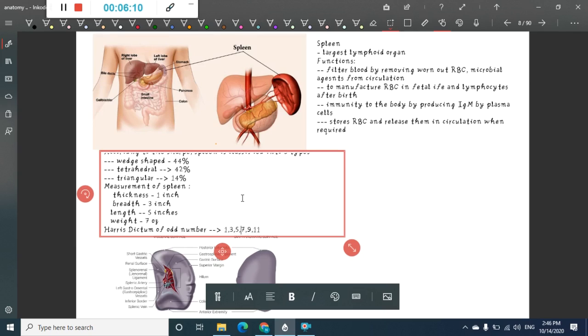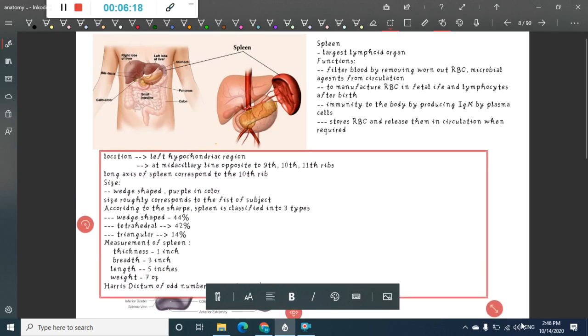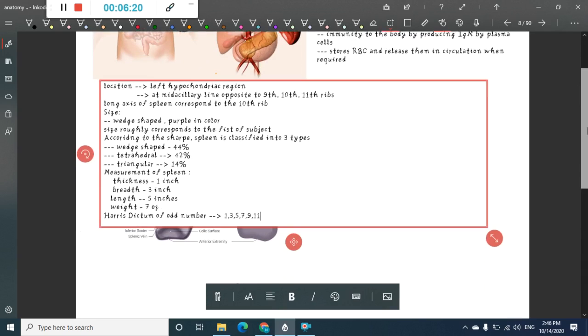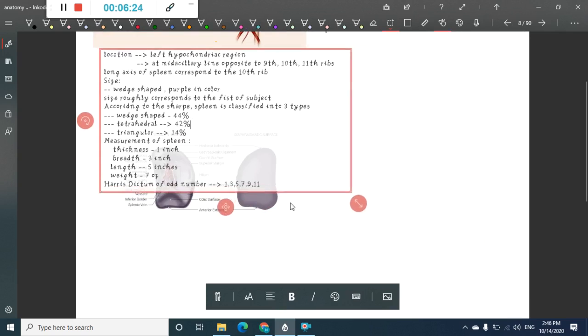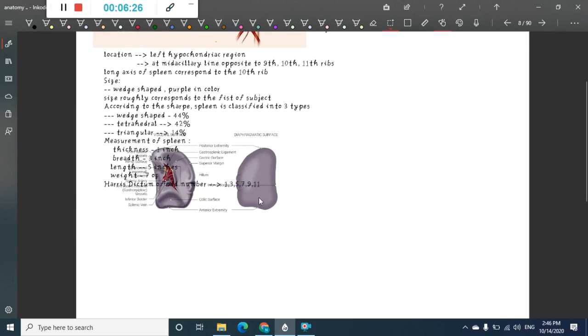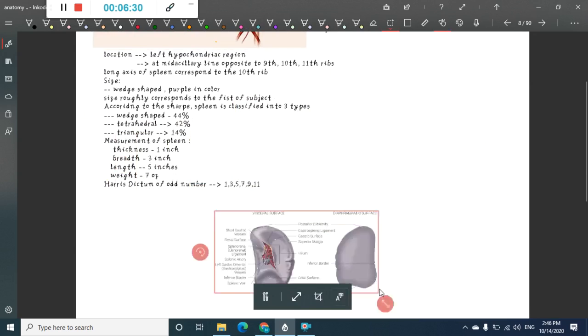What do 9 and 11 correspond to? The spleen extends from the 9th to the 11th ribs. So this is the main important thing about the spleen, from location to measurements. This is very important.